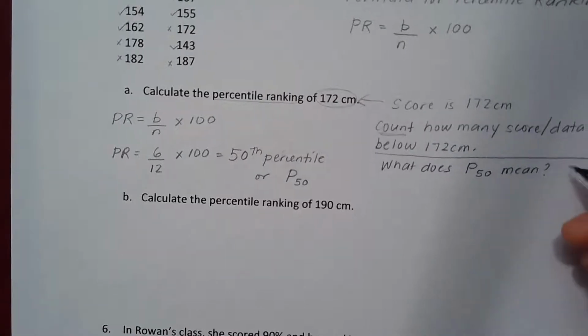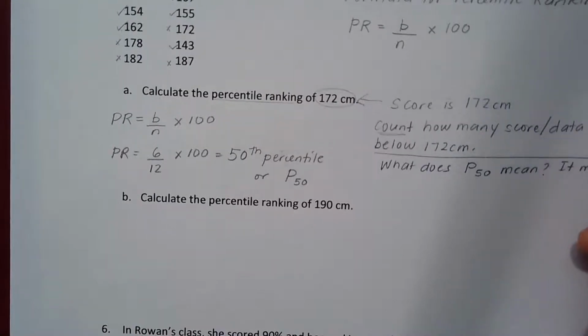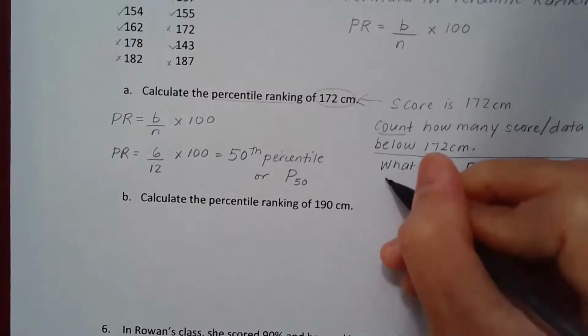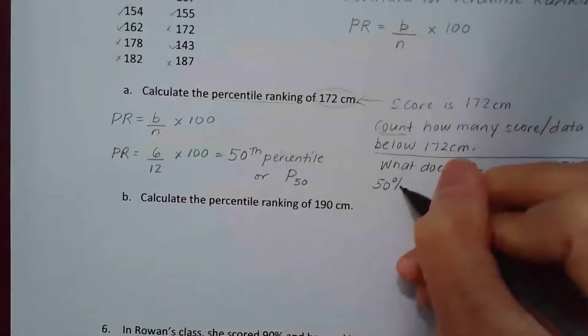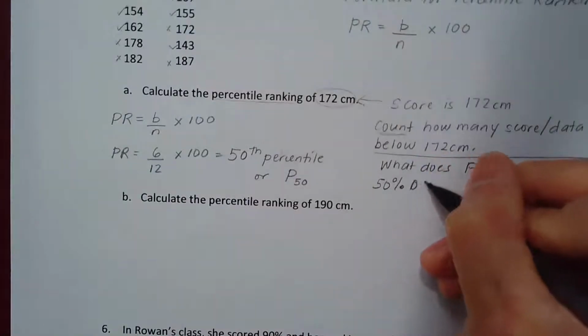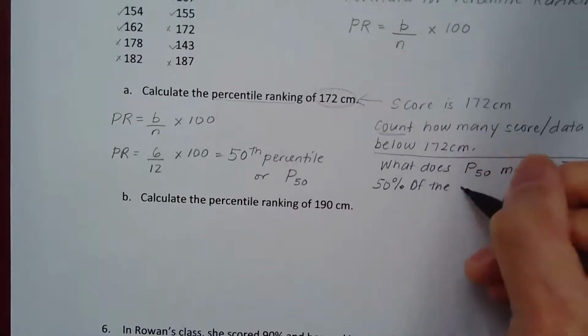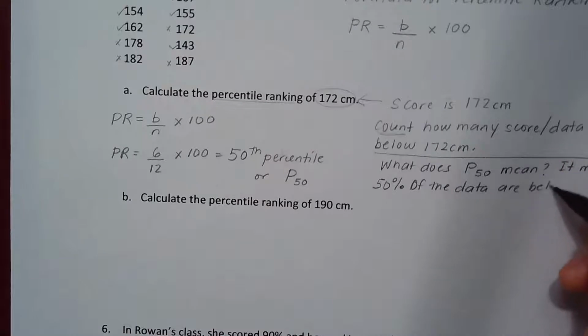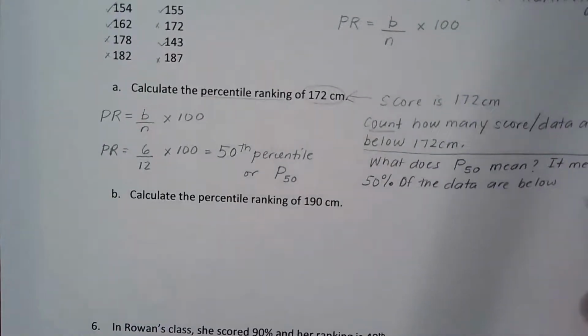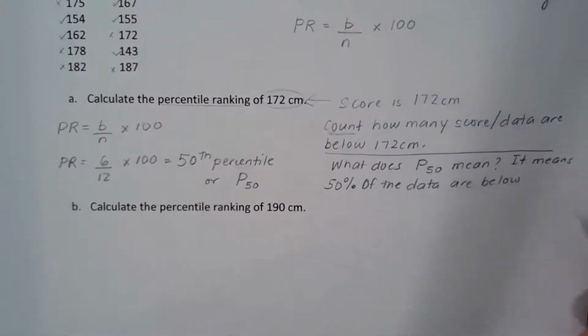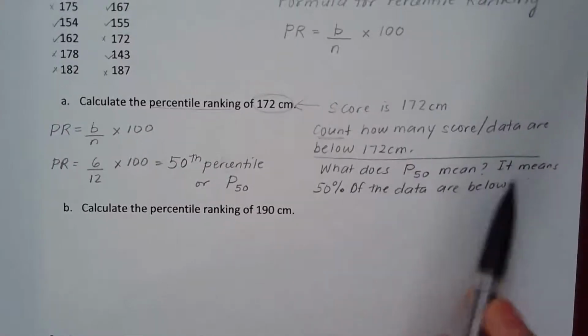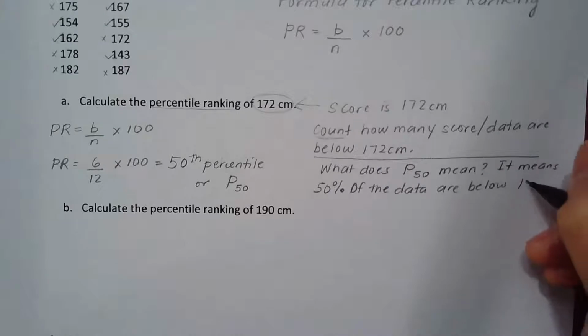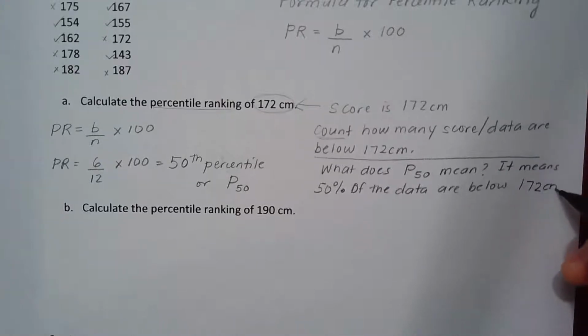It means 50% of the data are below 172 centimeters.